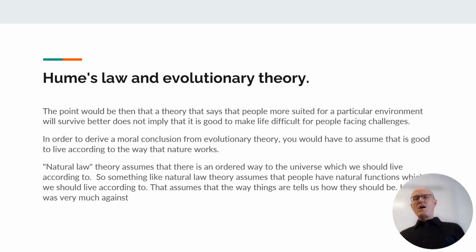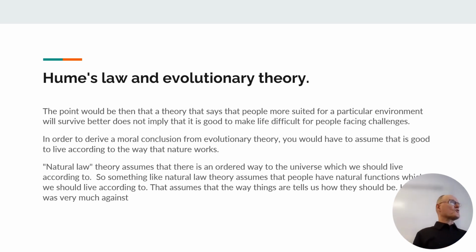So just because people more suited to a particular environment will survive better does not imply that we should try and live or create society using survival of the fittest.